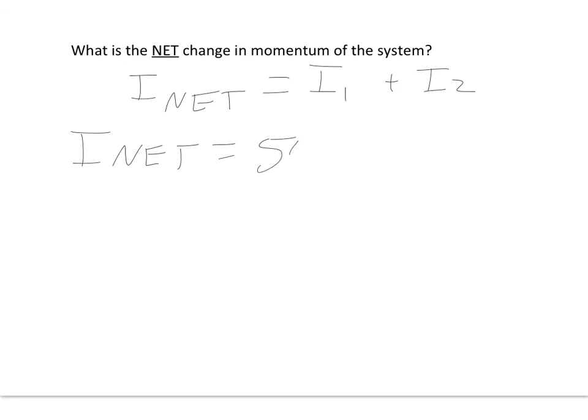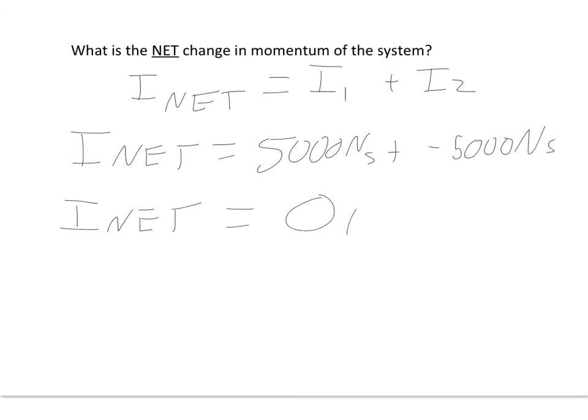Radioactive man had an impulse of 5,000 Newton seconds, whereas the cannonball had an impulse of negative 5,000 Newton seconds. These are changes in momentum that occur in opposite directions. So the net impulse, or change in momentum, winds up being 0 Newton seconds.